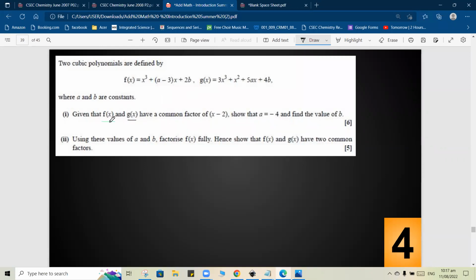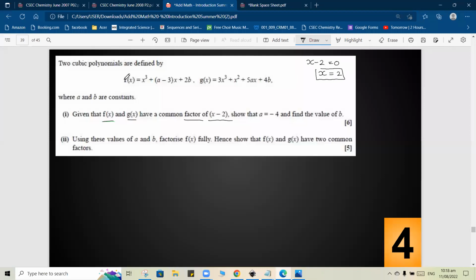Now, they said both of them have a common factor. So they use the word factor. So that means x minus 2 is a factor here, and x minus 2 is another factor. So what's going to happen? Well, what they're really trying to say is this. Since x minus 2 is a factor, if we put it equal to 0 and we solve for x, we are going to get what? 2.